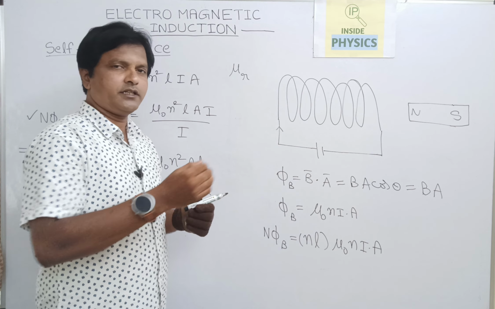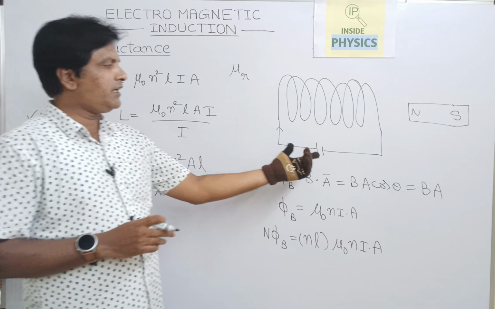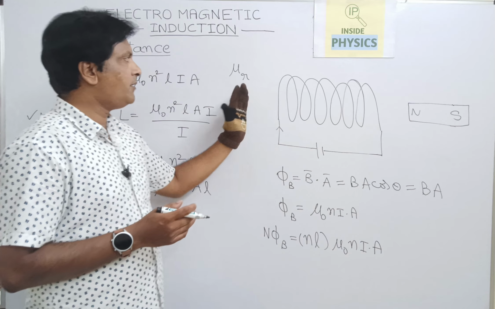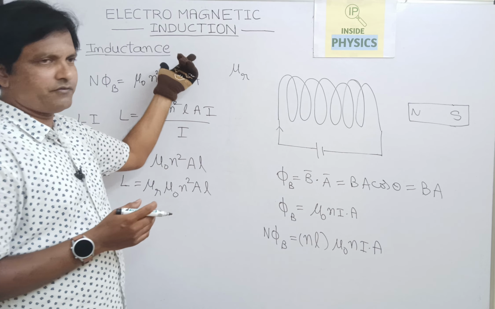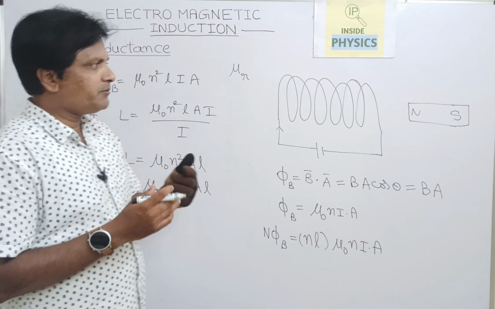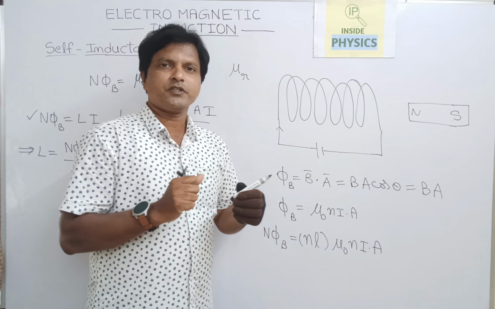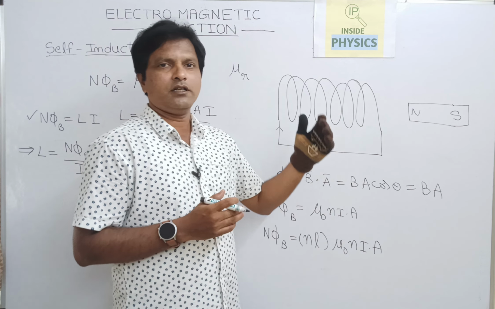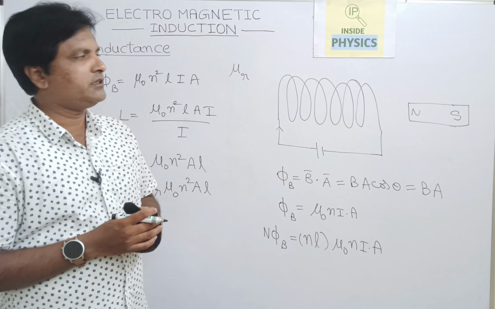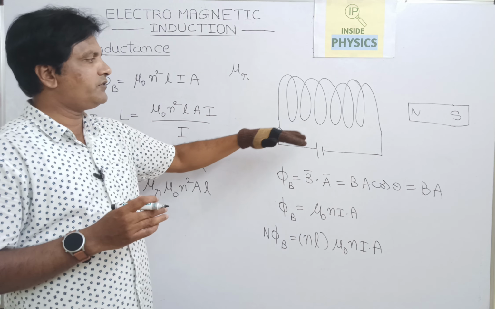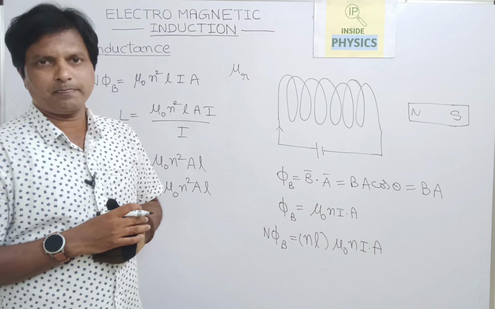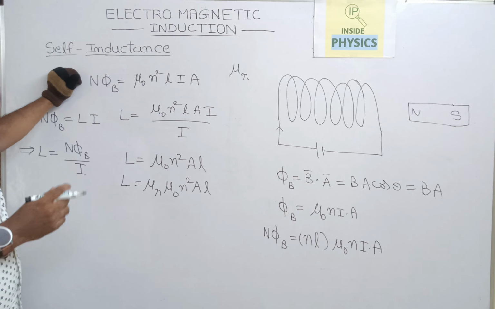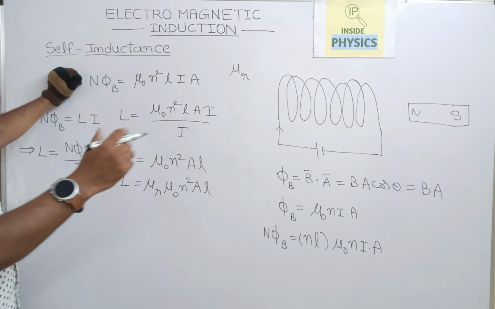The increase or decrease of the current in the solenoid is opposed by this EMF induced because of self induction, and because it is opposing the variation of magnetic flux, this induced EMF is called back EMF. So back EMF is there to oppose the increase or decrease of current.